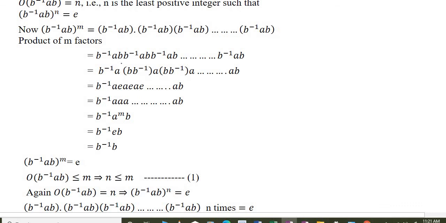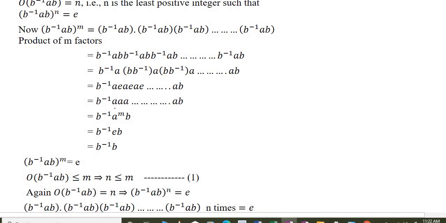Next we can write it without brackets, and also write B into B inverse in one bracket, but we know that B into B inverse is E. E into anything equals anything, that's why AE equals A, AE equals A, AE equals A. AB as it is, this AB is the last AB.